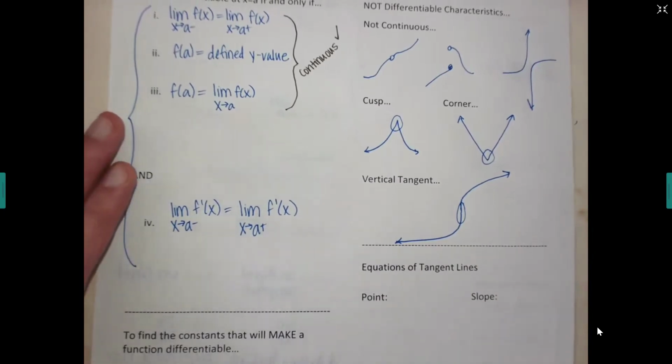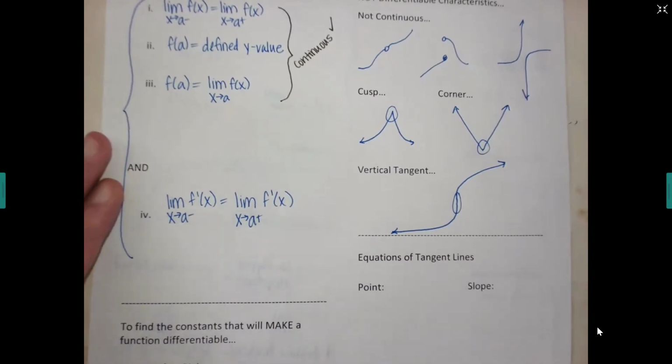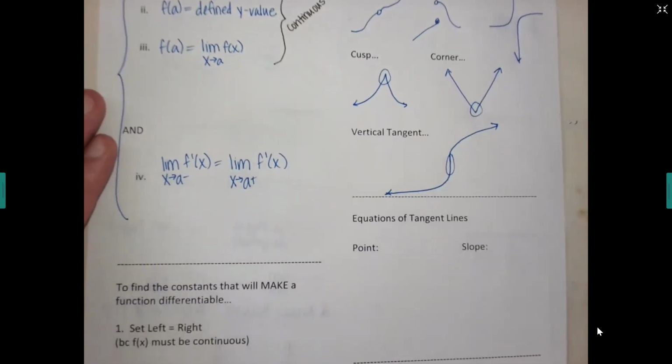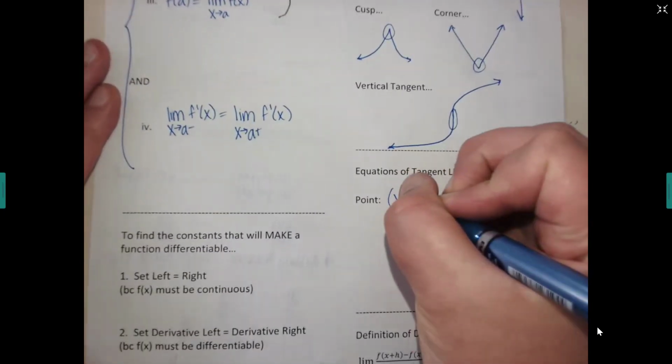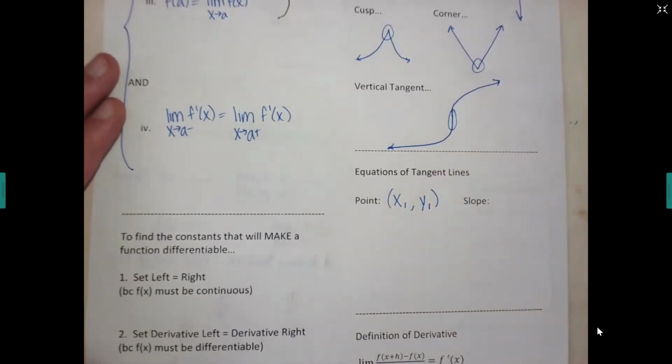Last 2 things that we covered in this unit. For an equation of a tangent line, you have 2 ingredients that you have to find. The first one is the point, so I'm going to put x1, y1. And the second one is your slope, which we've been calling m.